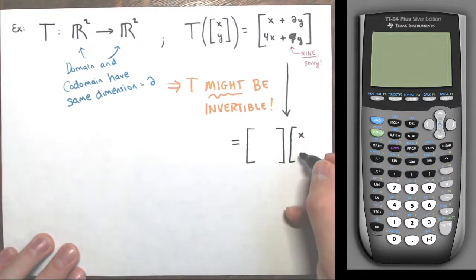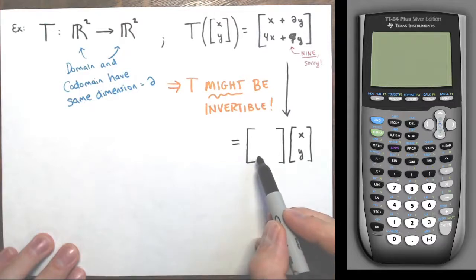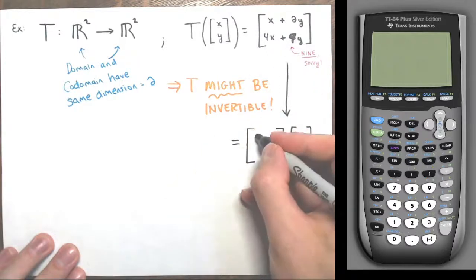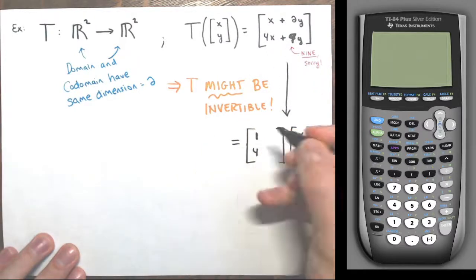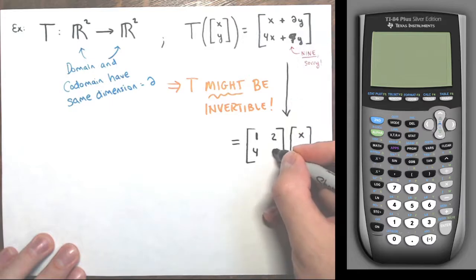x, y. Down the first column of the standard matrix are the coefficients of the first input variable, the coefficients of x, 1 and 4. Down the second column, the coefficients of y, 2, then 9.